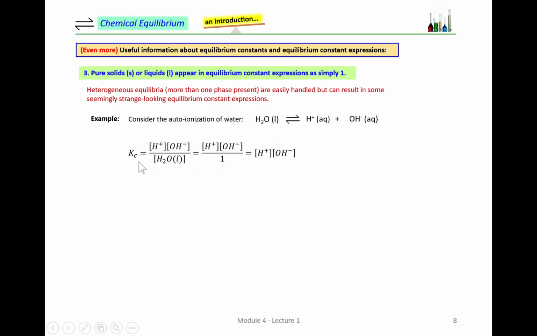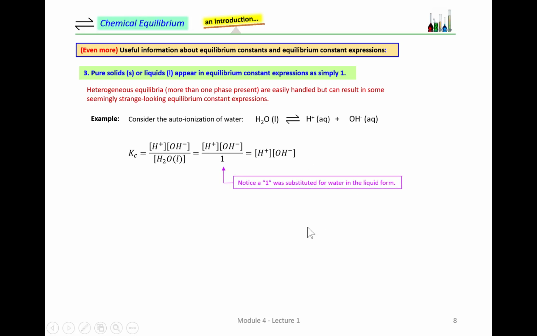It would be the concentration of the products multiplied by each other, coefficients are 1, divided by the concentration of liquid water. Here's where we invoke our rule 3. We have an L after the water. It's considered a pure liquid, so we substitute a 1 for the concentration of liquid water, which means the equilibrium constant expression just turns out to be the product of the H plus and the OH minus concentrations.